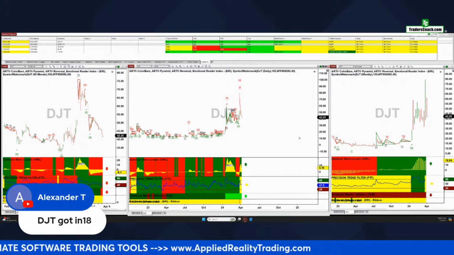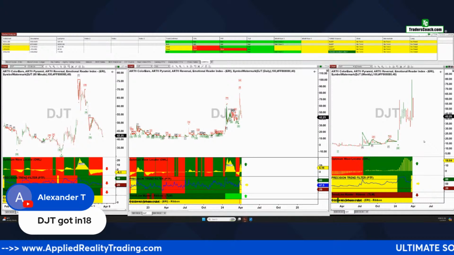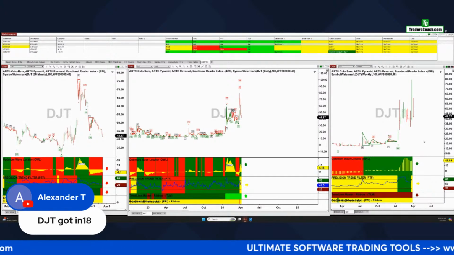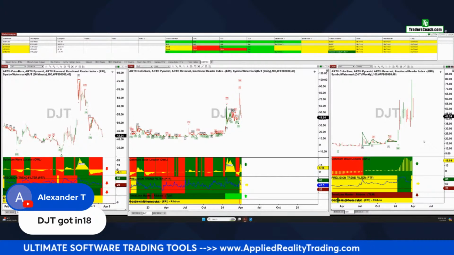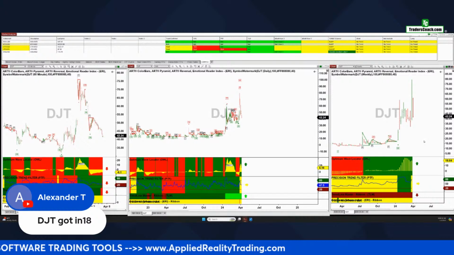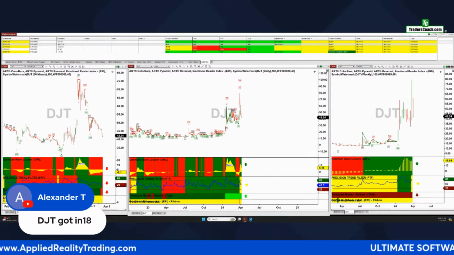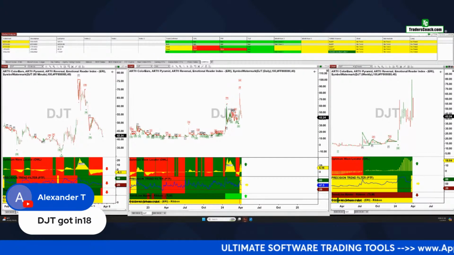Because then you could get back in if this moves down back to where you bought it and wait until you see bullishness coming back, because you don't have any bullishness really on these short-term charts. You do have it predominantly on the weekly chart still, but that doesn't mean you can't correct. Okay, all right, cool. So I would cover that. But again, talk to your financial advisor just to make sure.